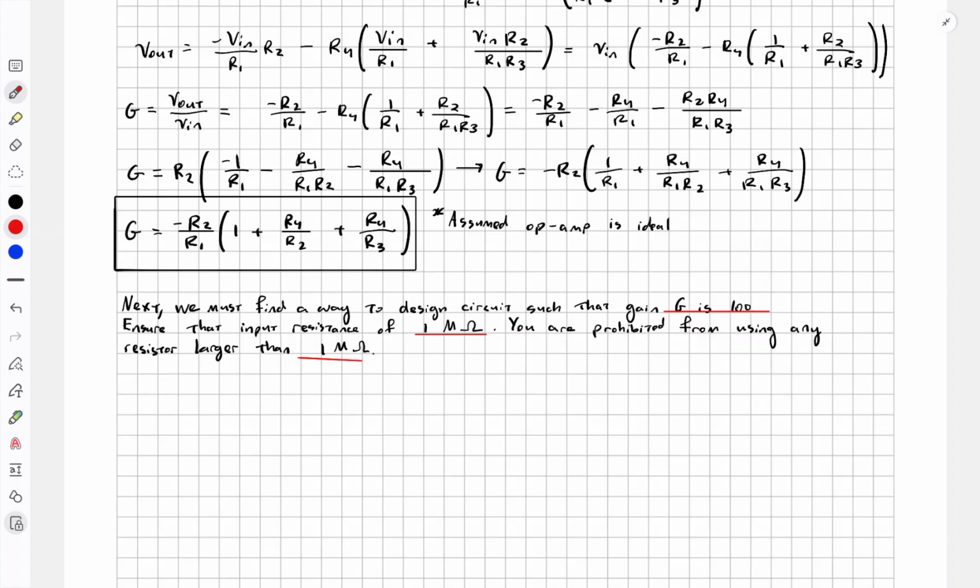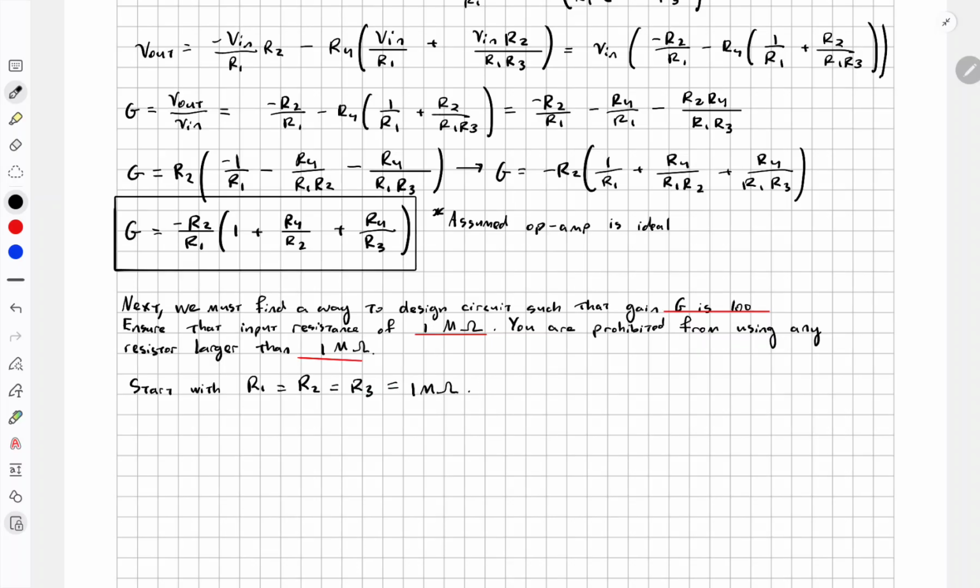So let's start with R1 equal to R2, so all three resistors equal to 1 mega ohm.